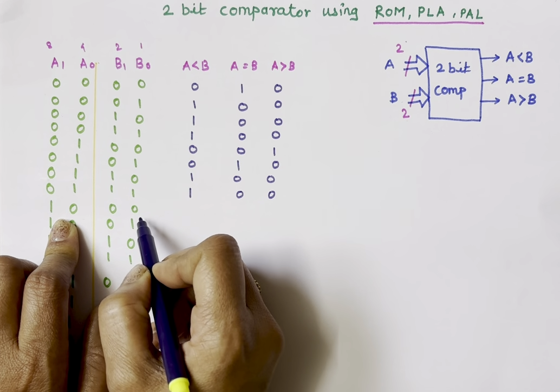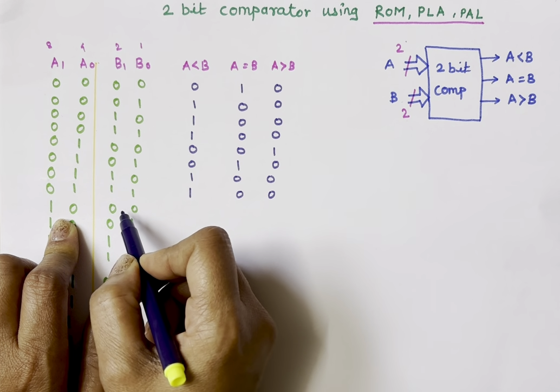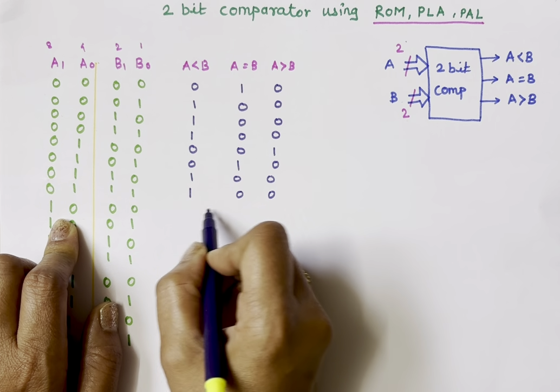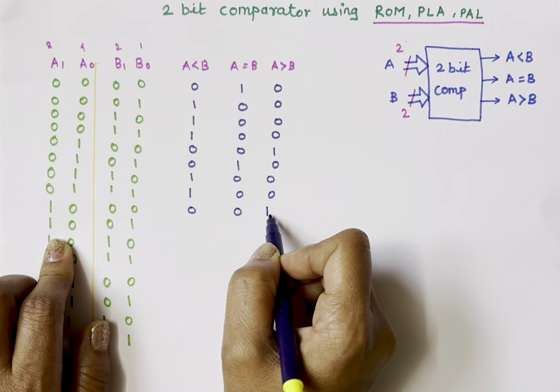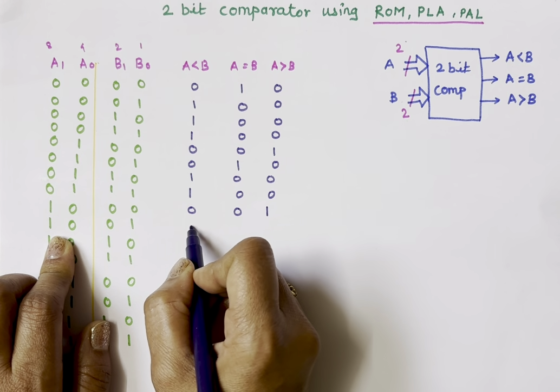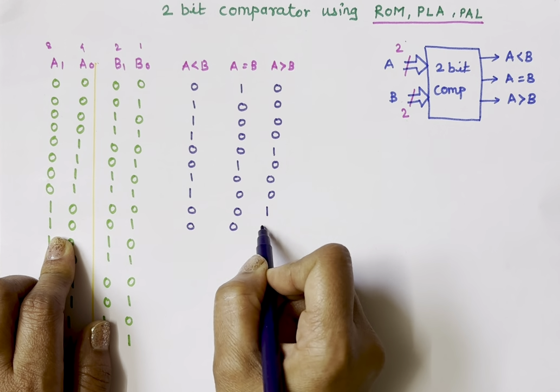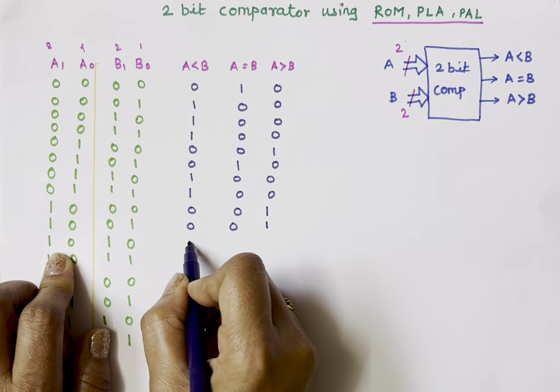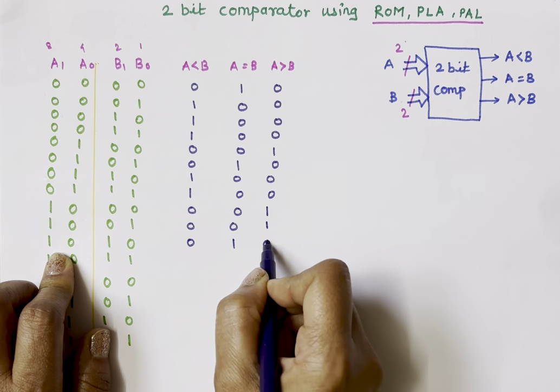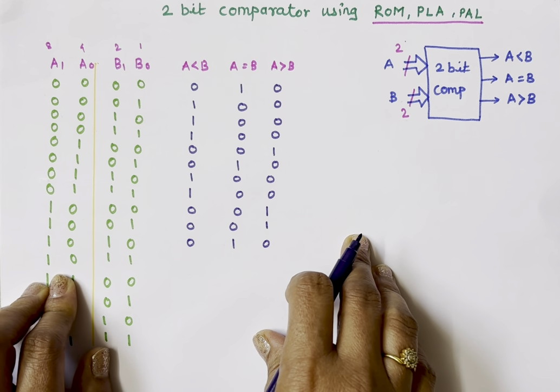Then 1 0 0 0. Here A is 2, B is 0, so A greater than B. Then 1 0 0 1, again A is greater than B. Then 1 0 1 0. Both are 2, so A equals B. Then 1 0 1 1.